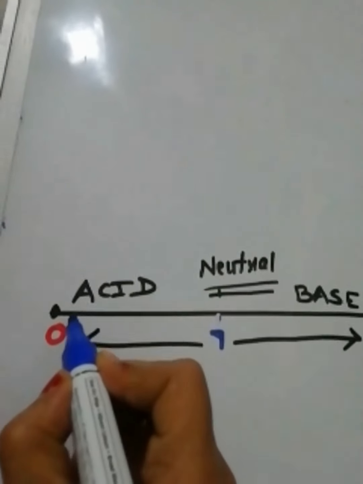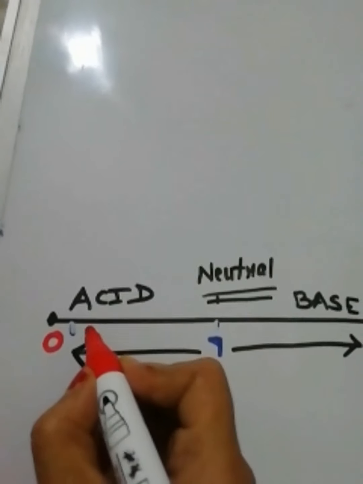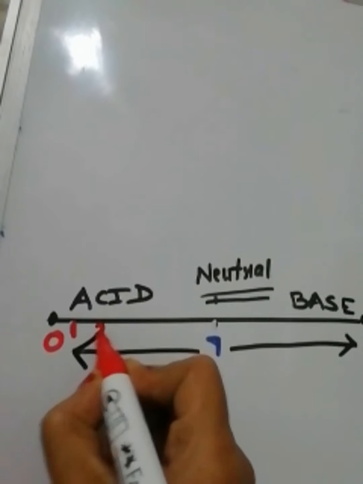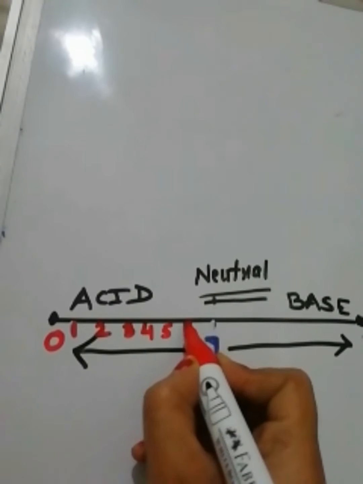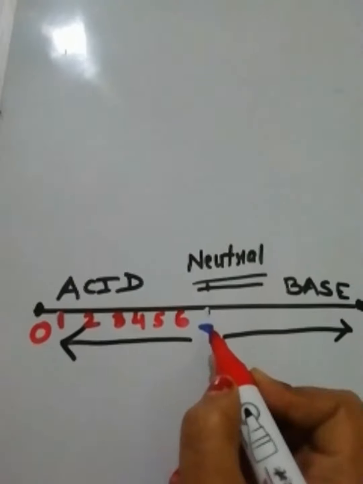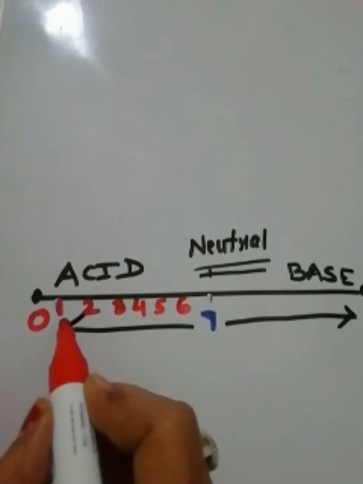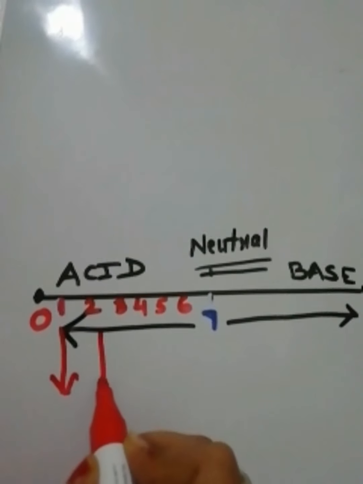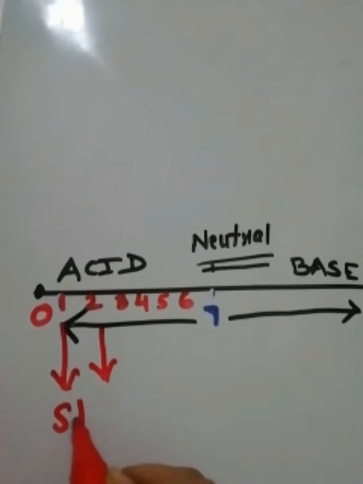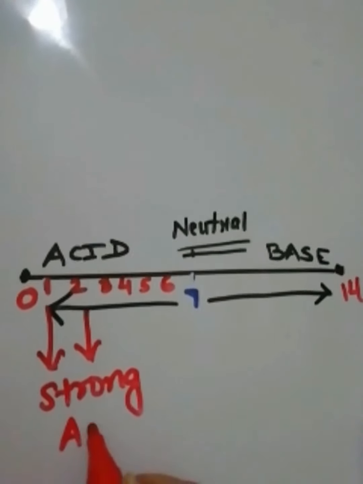Now if we see here, after 0 we will have 1, 2, 3, 4, 5, 6, 7. If any substance comes in the range of 1, 2, it is a very strong acid, isn't it?